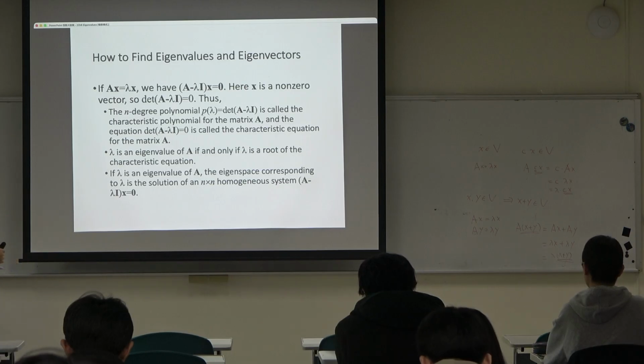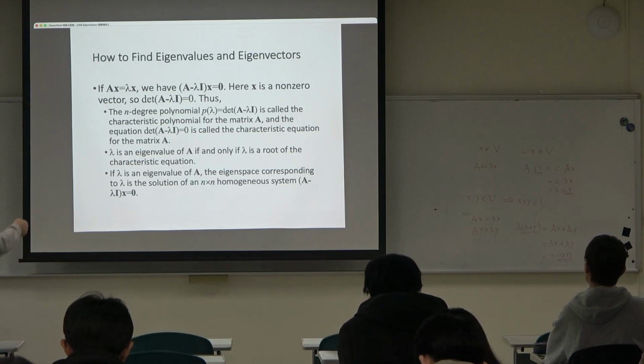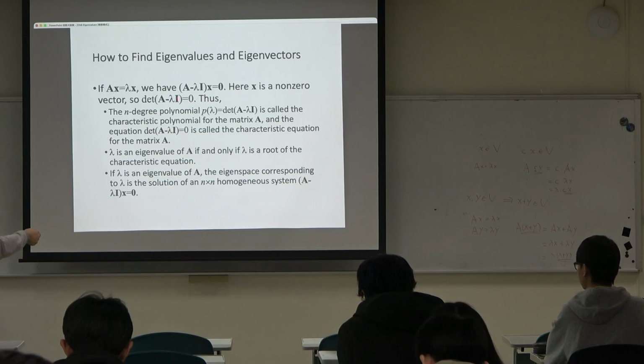If Ax equals lambda x, then we can move lambda x from the right hand side to the left hand side, and we obtain (A minus lambda times the identity matrix) times x equals 0.